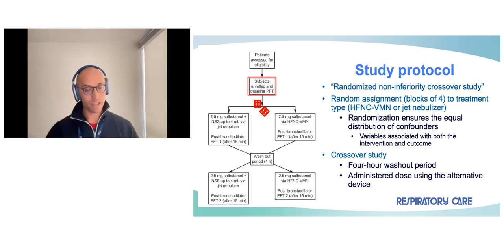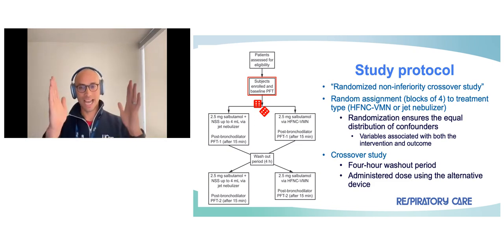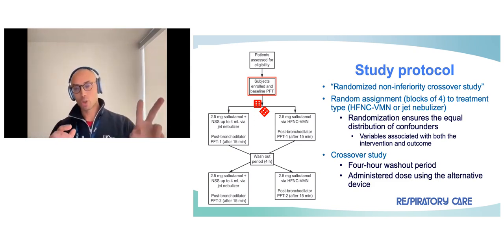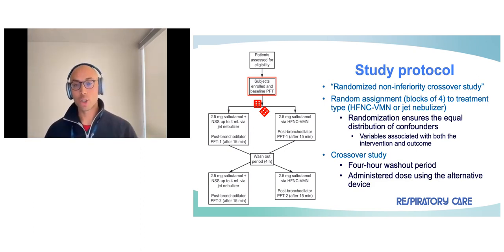So there's 2 treatments, which means that you would randomize out of those 4 people, 2 people to treatment 1 and 2 people to treatment 2. So blocks of 4 randomization, and they were randomized to the first treatment type, whether that being high flow nasal cannula with vibrating mesh nebulizer or jet nebulizer. So they were randomized to the first treatment.